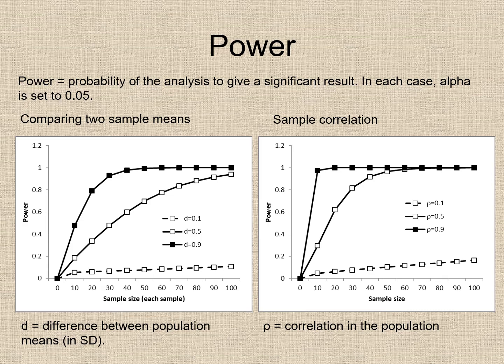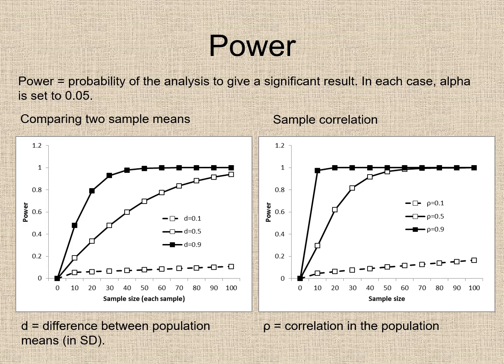So it's only a 10% probability of getting a significant result, even if in this case we know there is actually a true difference between the population means, but the difference is very small. It's only 0.1 standard deviations. So in this case, due to the weak true effect, the analysis will have very low power, at least if we don't have very large samples.